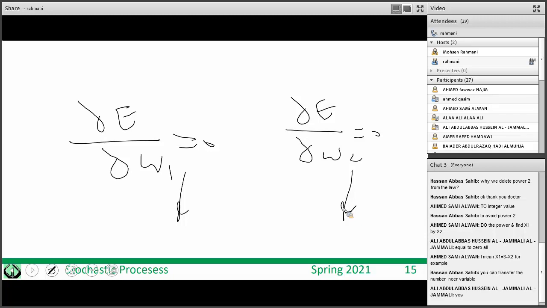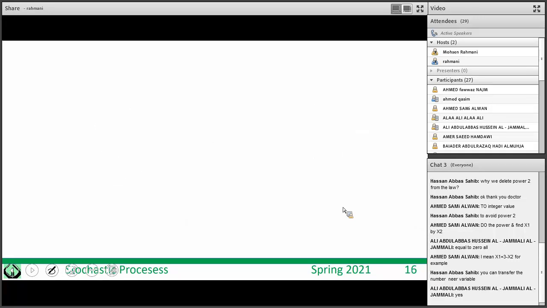This is a classical and normal solution for the problem. How do you minimize a function?